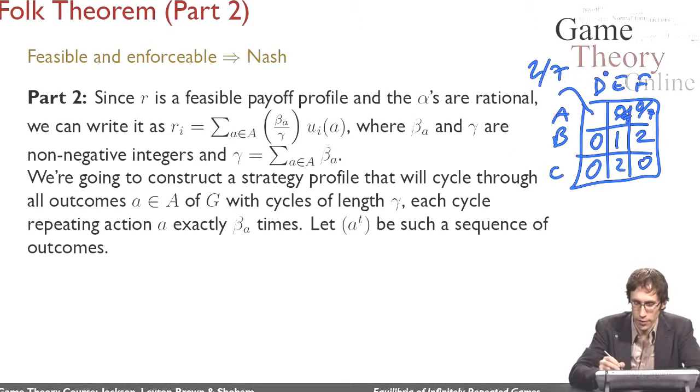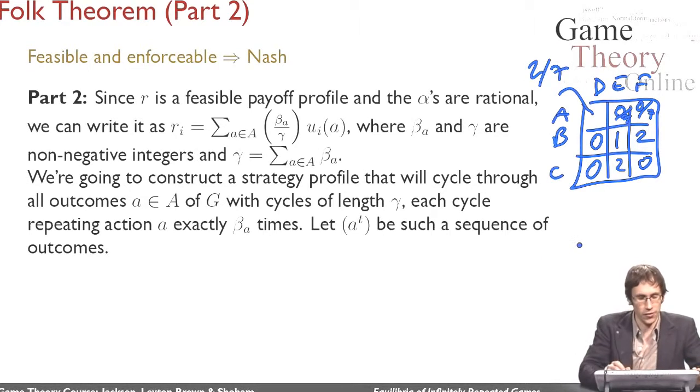And player 2's strategy would be to play D, D, E, F, F, E, E, and then go back. If the two players played those two strategies together in a coordinated way forever, they would cycle through exactly hitting every action profile in this game according to the betas, just the way the betas say.